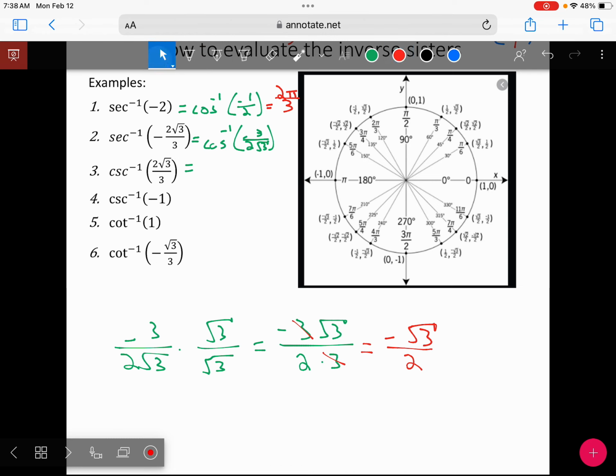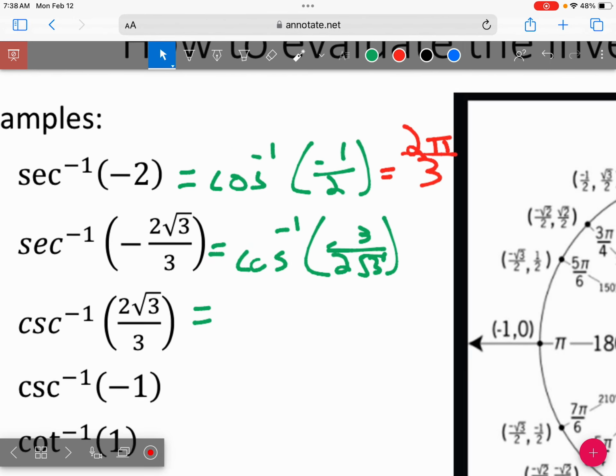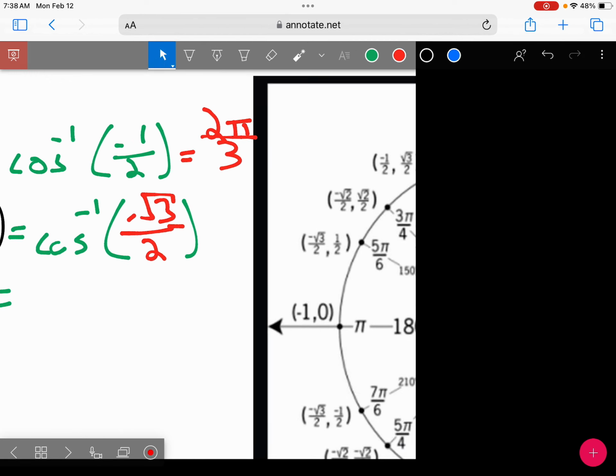Yep, it is. So that's one step you have to be cognizant of: if the inside has a square root in the denominator, you're not quite done rewriting it. So now this is something we can evaluate, inverse cosine of -√3/2.